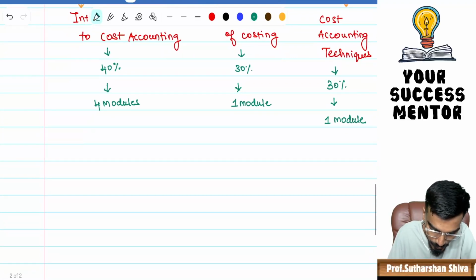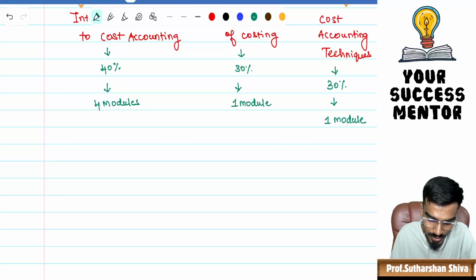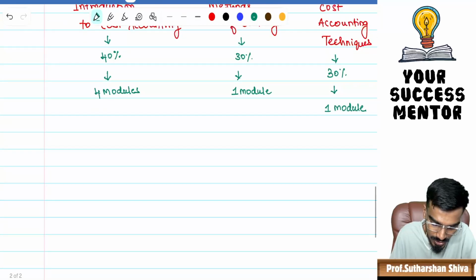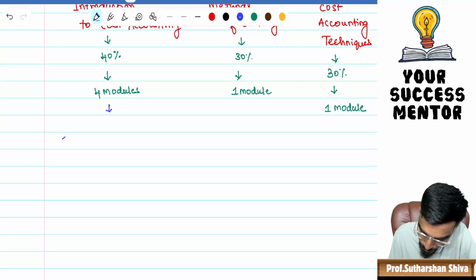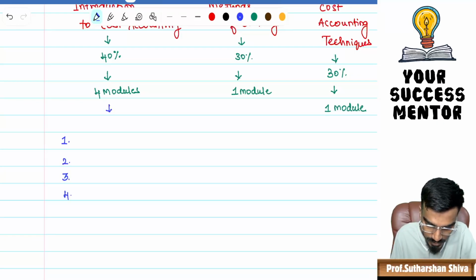In this first 40 percentage of the syllabus, which comprises introduction to cost accounting, you will be learning 4 chapters. What are the 4 chapters we are learning?